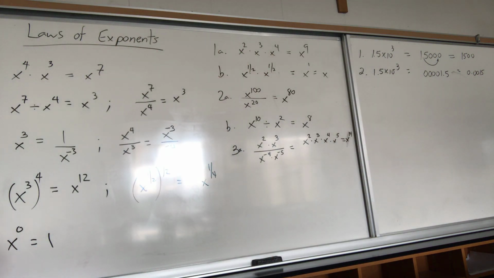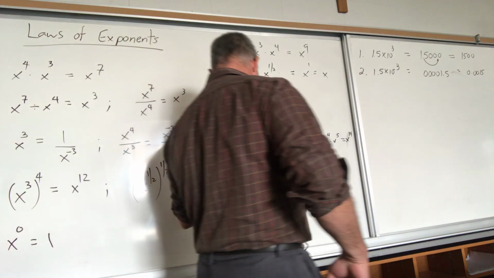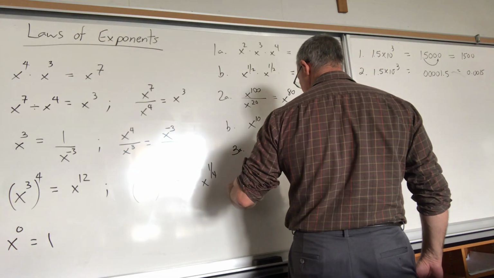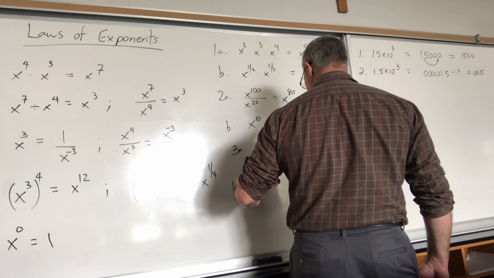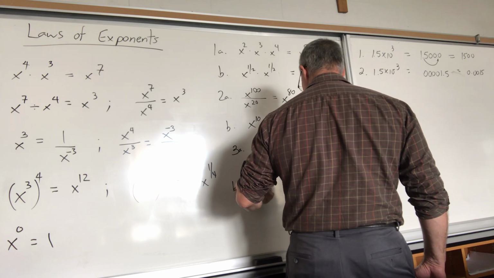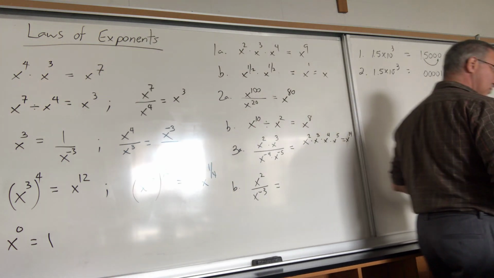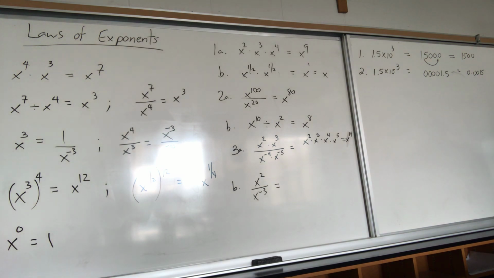And then for part B, let's do another example. Let's see if you can do it yourselves. x to the power of 2 over x to the power of negative 3. What's that going to give you? Simplify it. Follow rule number 3 first, and then follow rule number 1 to give you the answer.